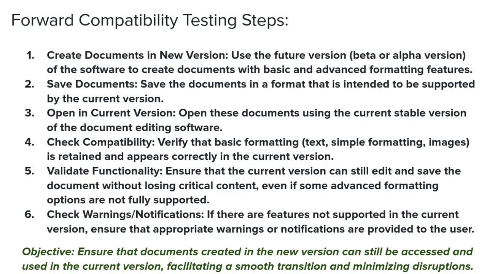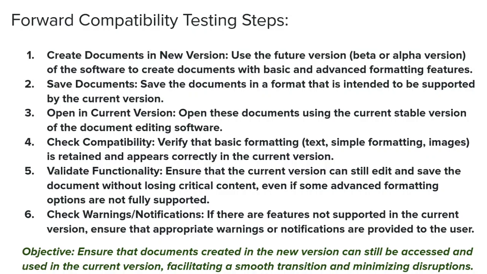We also have to check for any warnings and notifications. If there are features which are supported in the future version but not supported in the current version of the application, we have to ensure that appropriate warnings or notifications are provided to the user.